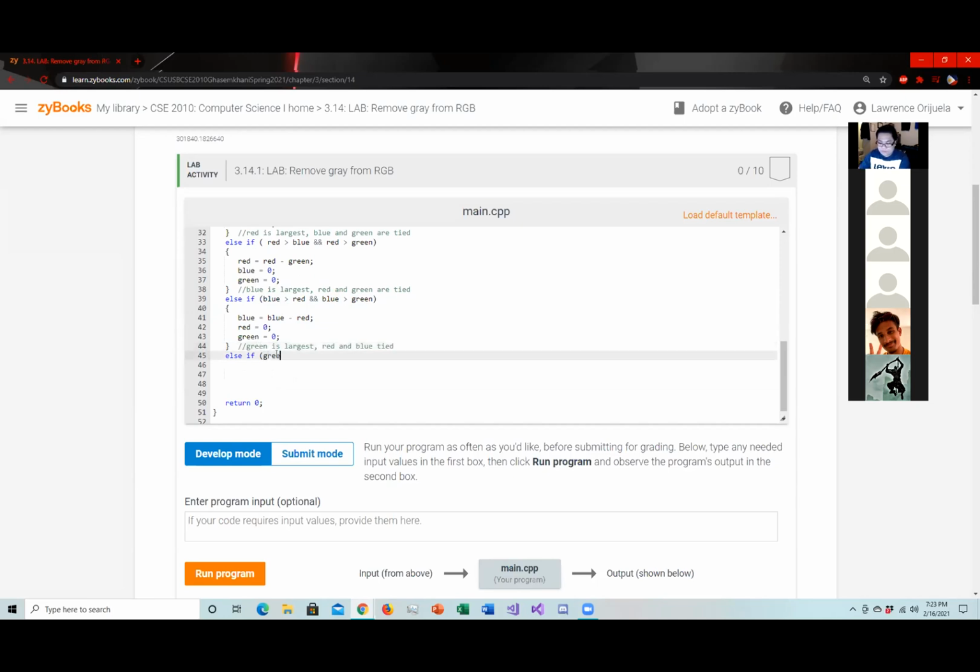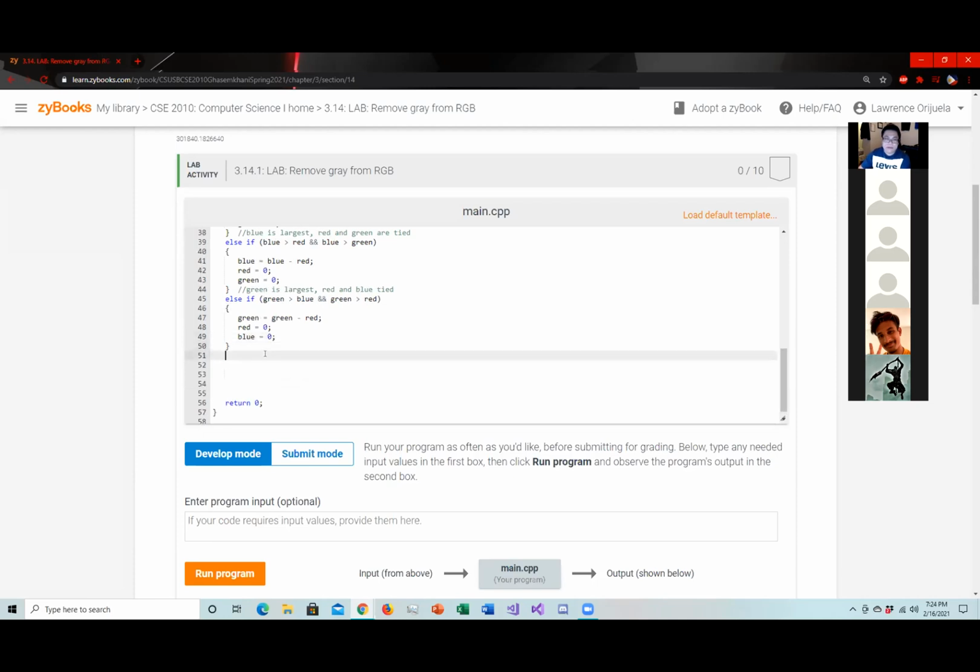So if green is greater than blue and green is greater than red, we would say green is equal to green minus one of the 2 lower tied colors. I'll choose red. And then red is 0 and then blue is 0, right?